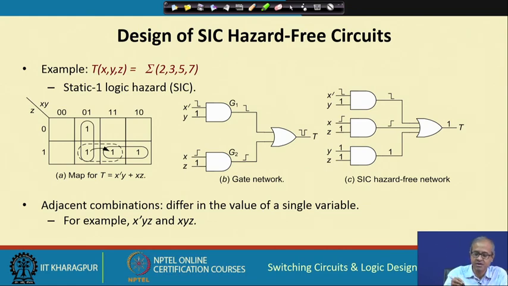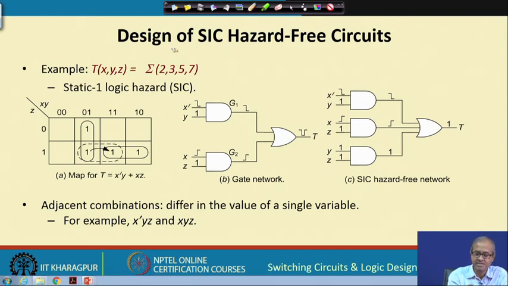Fine. Let us now take an example. Let us look into the design of a single input change, SIC, hazard free circuit. Let us take this function T in sum of minterms representation: 2, 3, 5, 7. Now, in a Karnaugh map, the 4 minterms are shown here: 2, 3, 5 and 7.